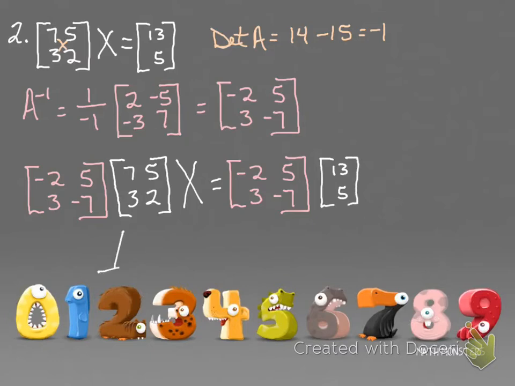Again, from inverse A and A, I get the identity matrix. From the inverse and matrix B, I end up with -1, 4. So X is equal to -1, 4.